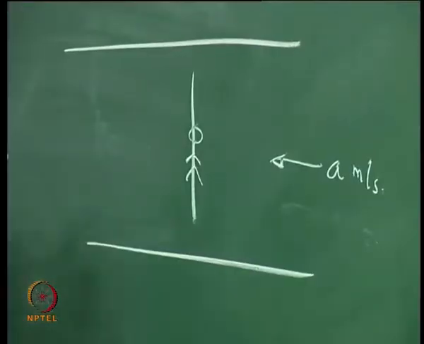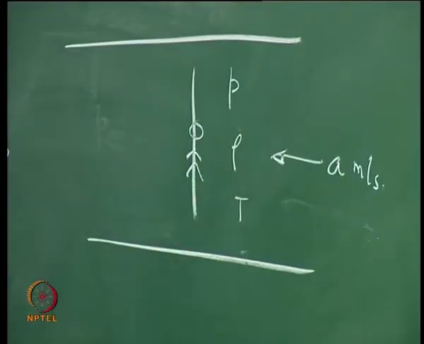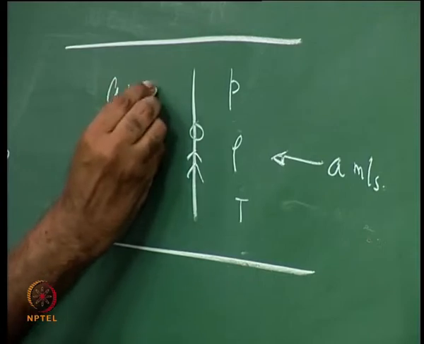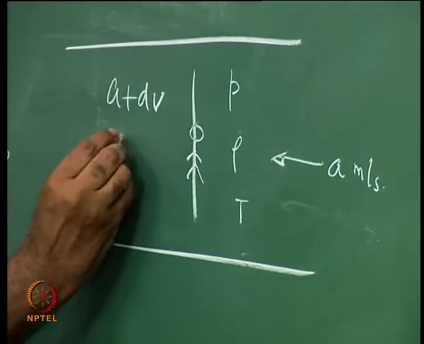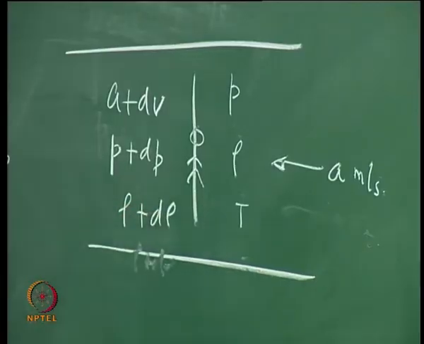And now the conditions here are P, rho, perhaps T, velocity is a now, and when the velocity was 0, I had dV, therefore the velocity here is a plus dV, the pressure is P plus dP, the density is rho plus d rho.